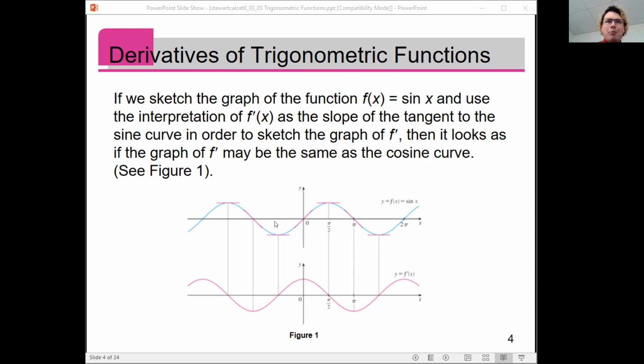So I see all the places where my sine function has a horizontal tangent, my derivative is going to be 0. All the places where the sine function is decreasing, my derivative is negative. All the places where my sine function is increasing, my derivative is positive. Sounds like a derivative so far.